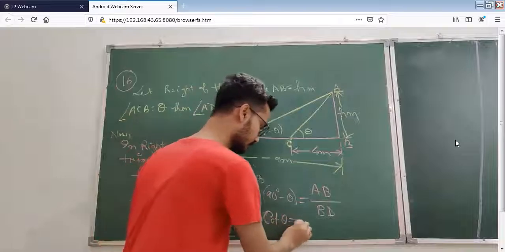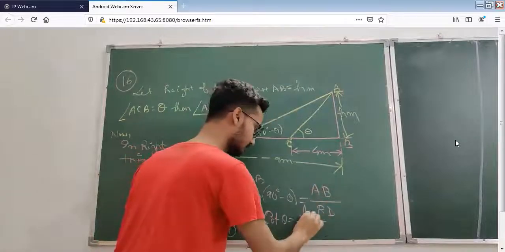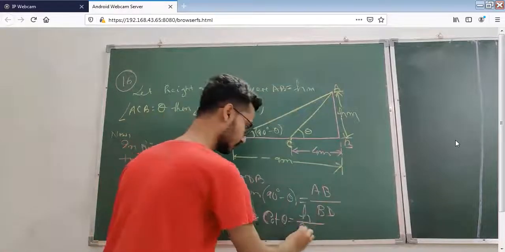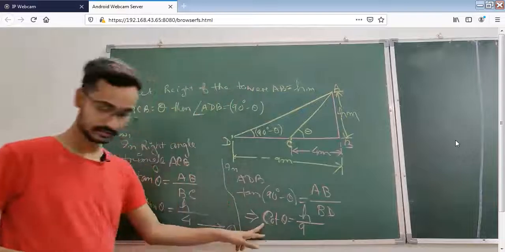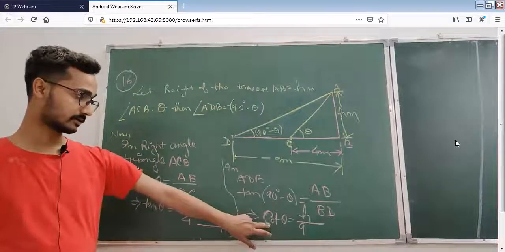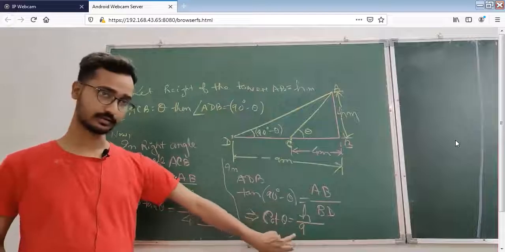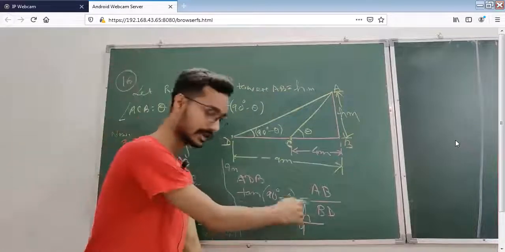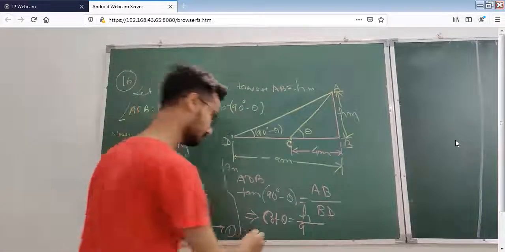So cot theta will be equal to, what is the value of AB? Nothing but h, and BD is your 9 meter, so 9. Now see, cot theta and tan theta. Cot theta is equal to h by 9. So the value of tan theta will be 9 by h. Up to this clear?